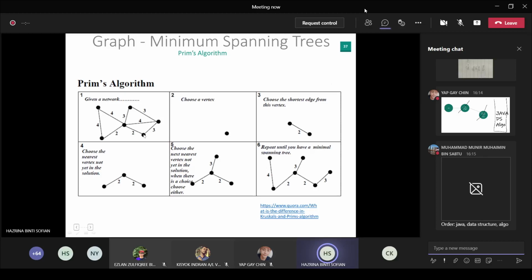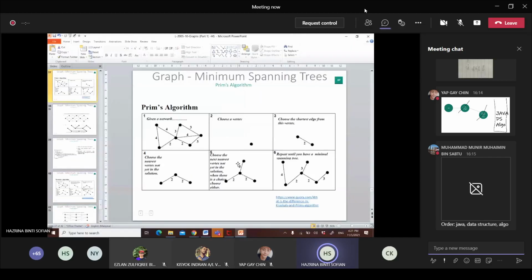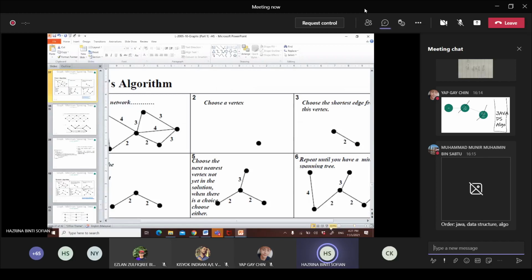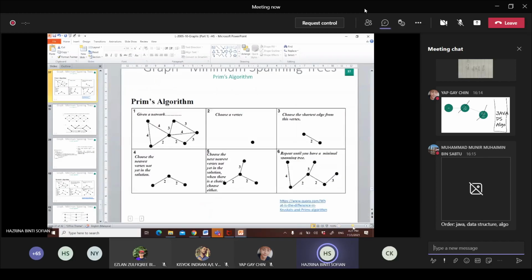So in here they start from this vertex. Choose the shortest edge from this vertex. So you want to start from here. We can have 3 and 2. We choose the shortest edge, which is 2.